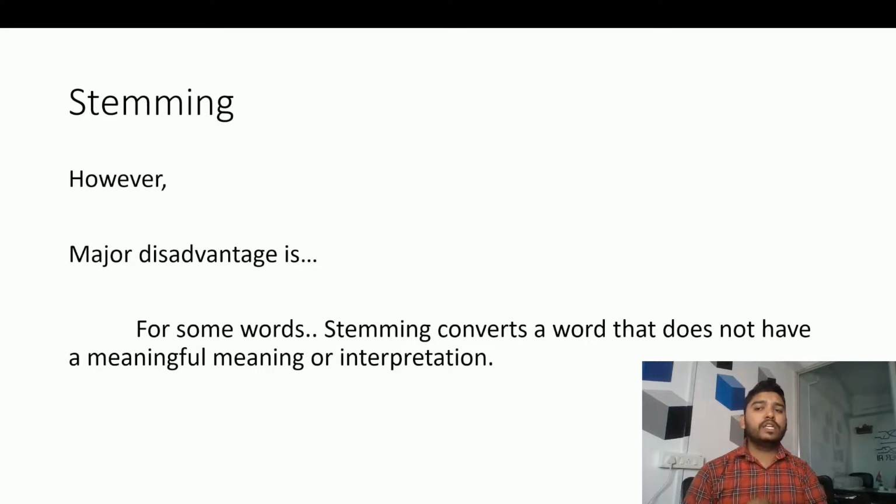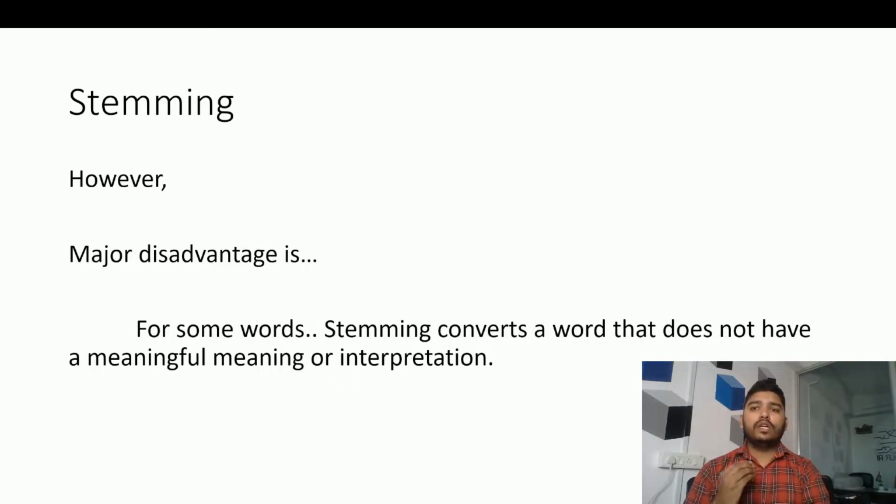However, the major disadvantage of stemming is that for some words, stemming produces a word that does not have a meaningful interpretation. Because as I have told, stemming just applies simple language rules. We don't have prior knowledge of the particular language when we use stemming, right?